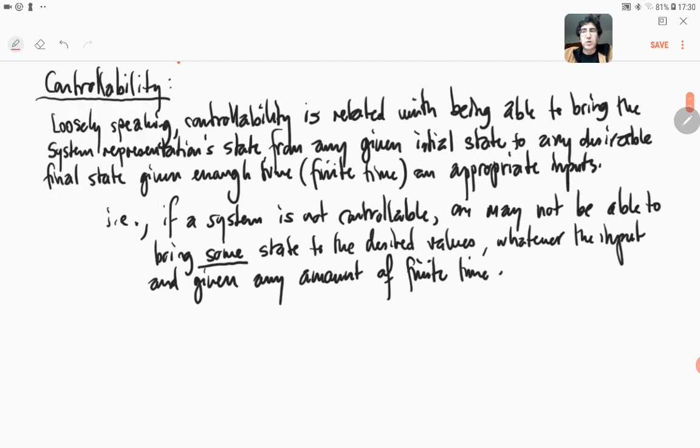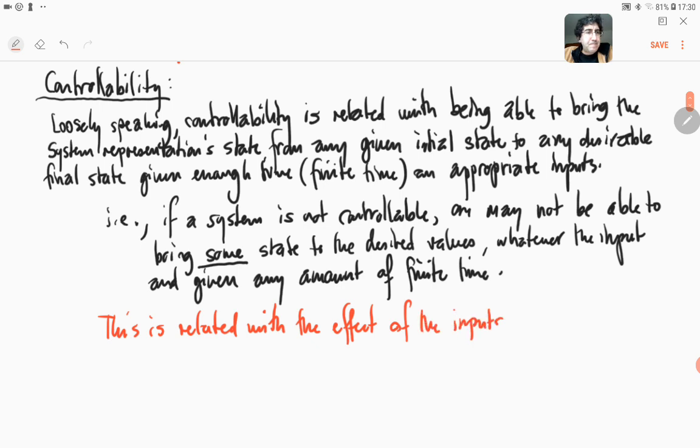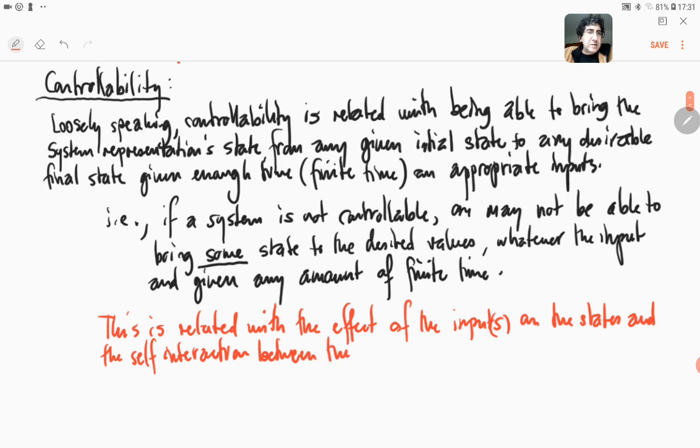Okay, so this is related with the effect of the inputs (u) on the states, and the self-interaction between the states.